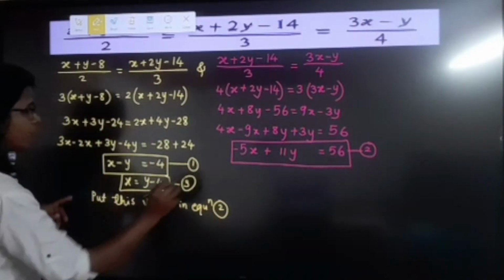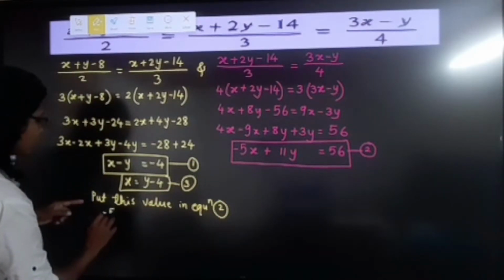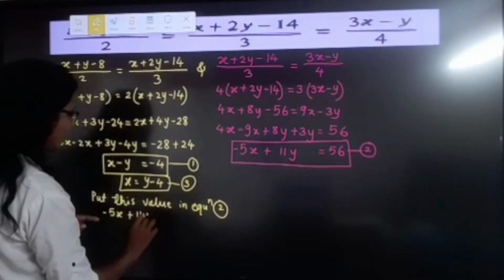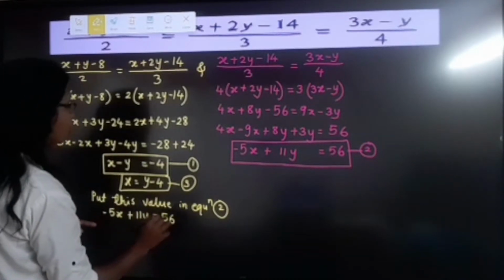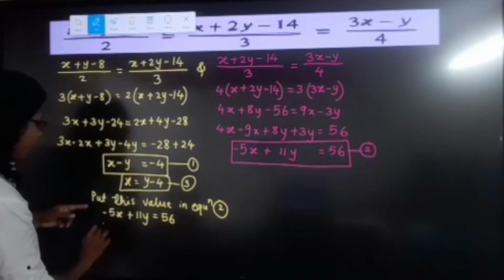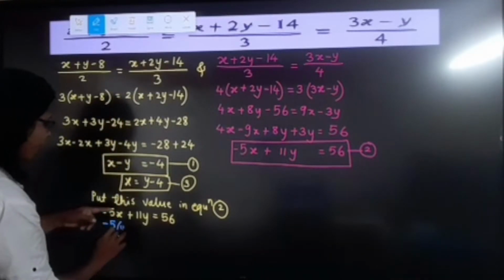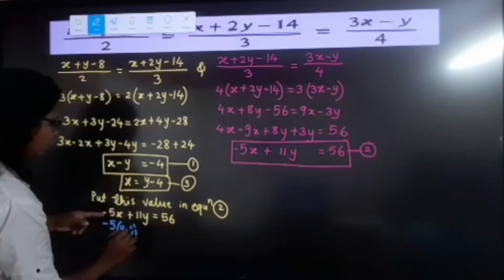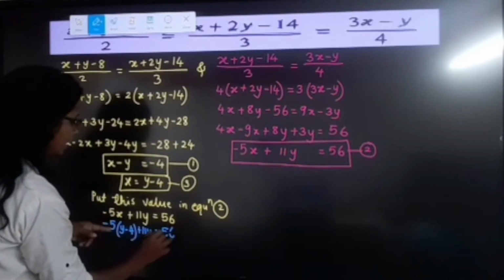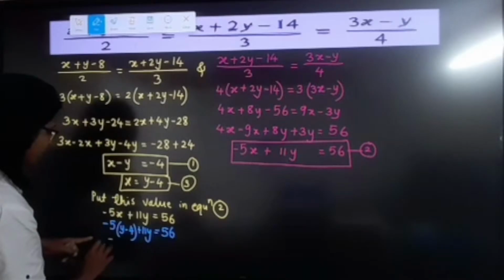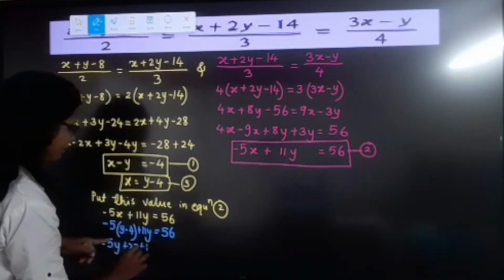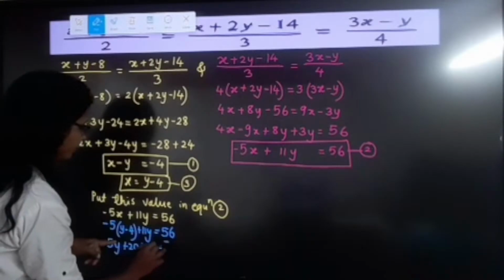The second equation is minus 5x plus 11y is equal to 56. So minus 5 multiply y minus 4 plus 11y is equal to 56. That means minus 5y plus 20 plus 11y is equal to 56.